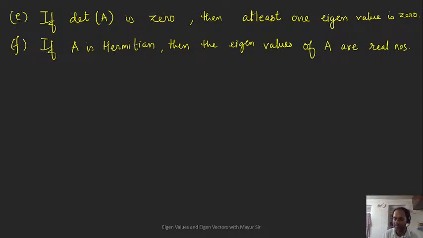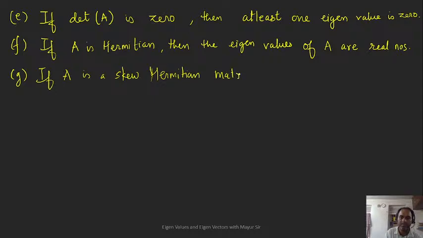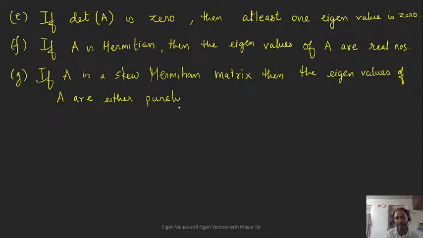Then we go for skew Hermitian. So if A is a skew Hermitian matrix, then the eigenvalues of A are either purely imaginary or 0.